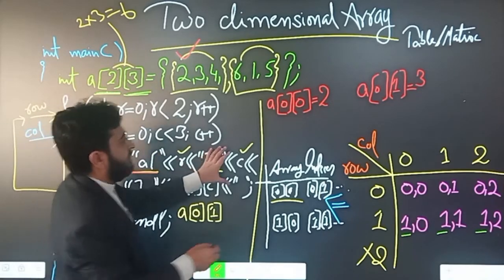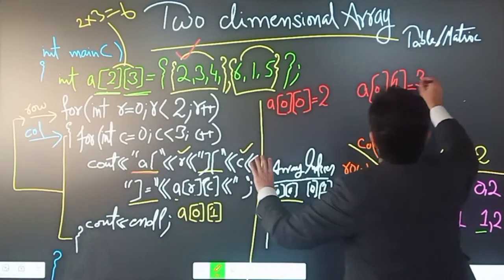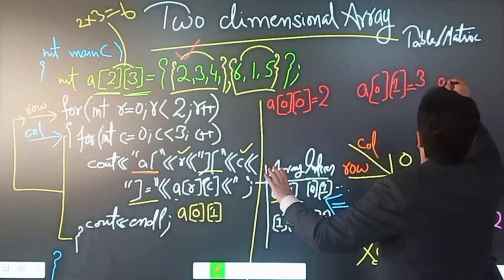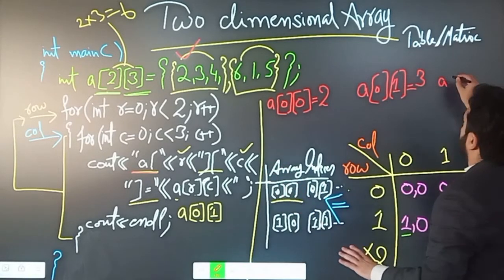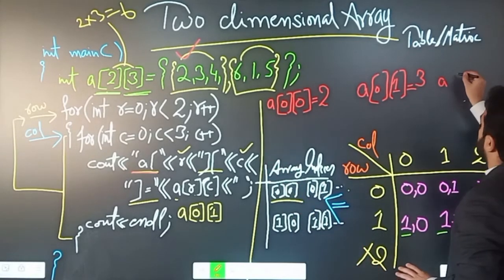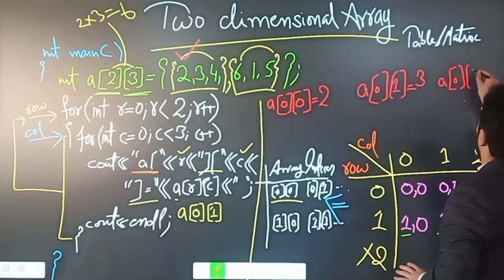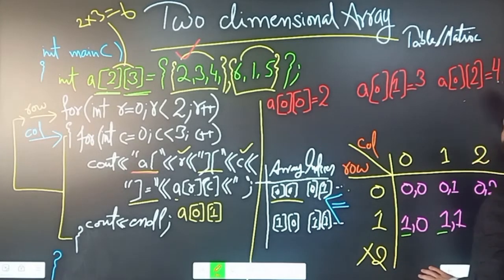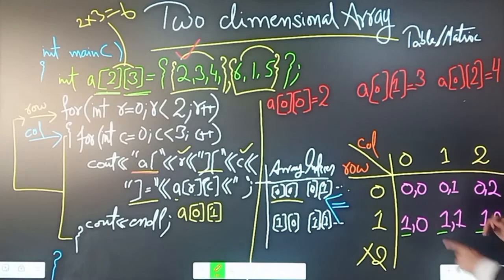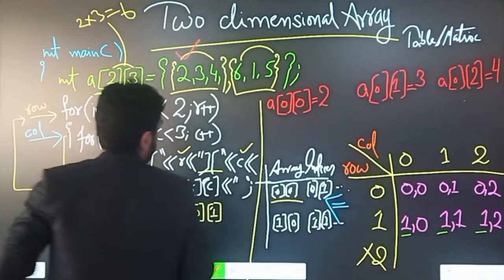So this statement will print the output separated by space just in front of the second position, and we will see a of 0, 2 is equal to 4. So exactly this will be the output of the statement in the third iteration.